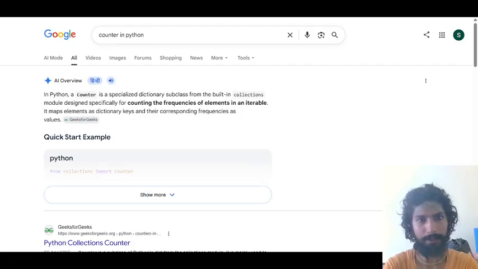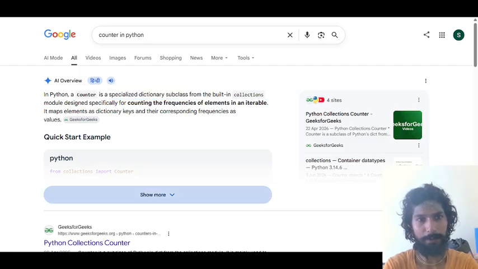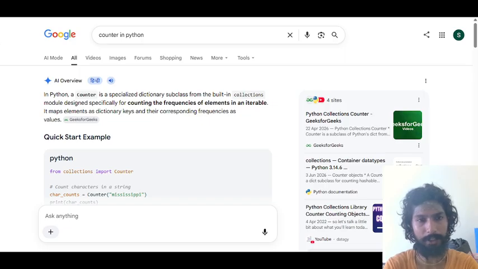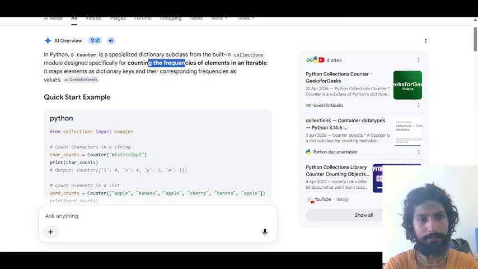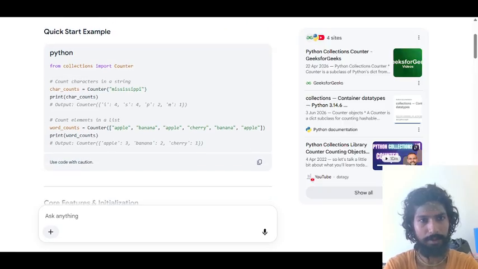In Python, Counter is a specialized dictionary subclass from the built-in collections module, designed specifically for counting the frequencies of elements in an iterable. Whatever array is given to it, it converts into a frequency map.